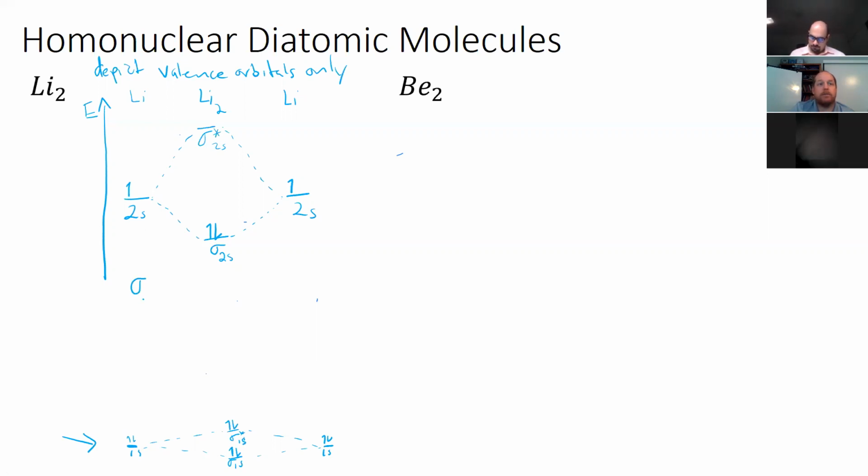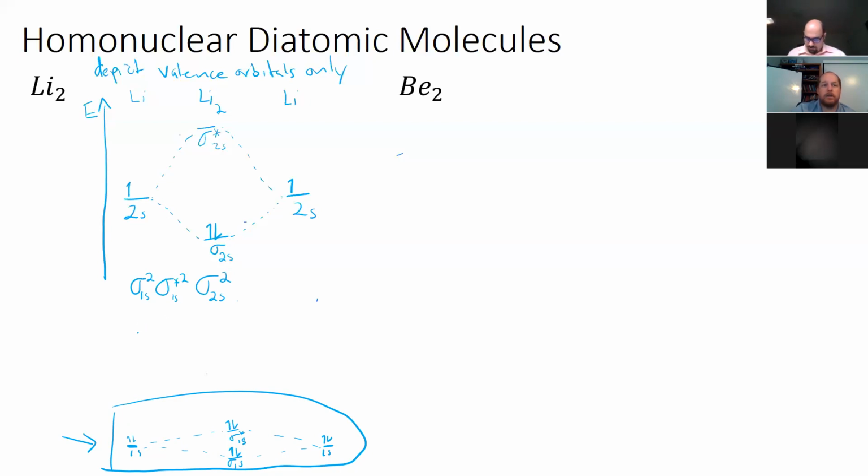So if we were to do the molecular electron configuration, we'd have our sigma 1s electrons that we'll write in, there's 2, and our sigma star 1s electrons, and there's 2 of those, and we just know that they're there even though we don't have to write them because they're sort of in the core, right? And they cancel each other out. Then we can do the ones that are in the valence shell, and so that would be our sigma 2s electrons, and we could put a 2 there. And that's going to be our molecular electron configuration for the lithium molecule.